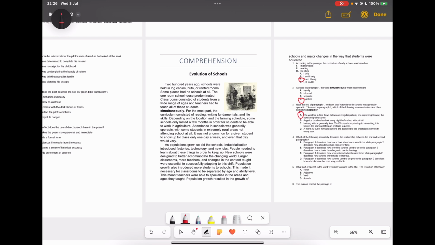Or C, paragraph 1 describes how undeveloped schools used to be, whilst paragraph 2 describes how schools were made to improve. Or D, paragraph 1 describes how schools used to be poor, while paragraph 2 describes how schools have become profitable. Well, 4 is, it's not going to be D because it doesn't discuss the profitability.